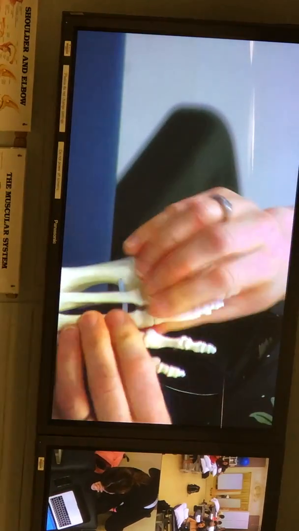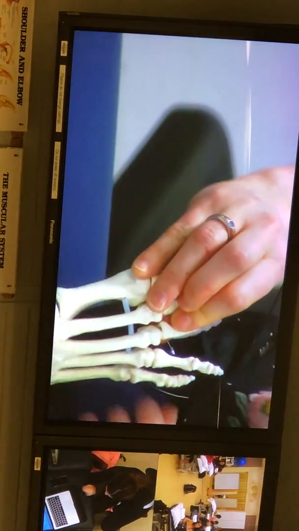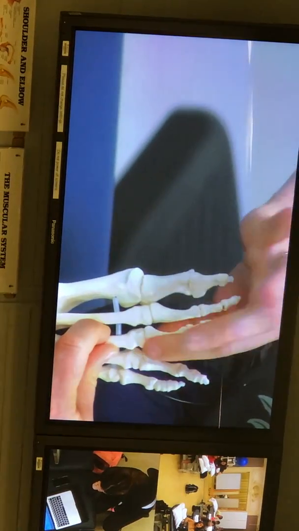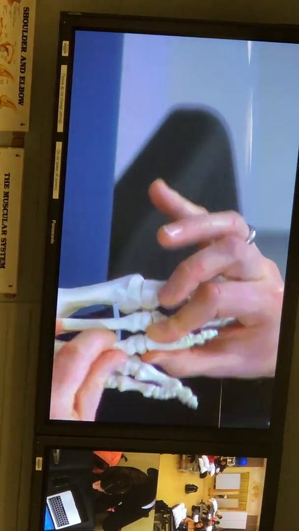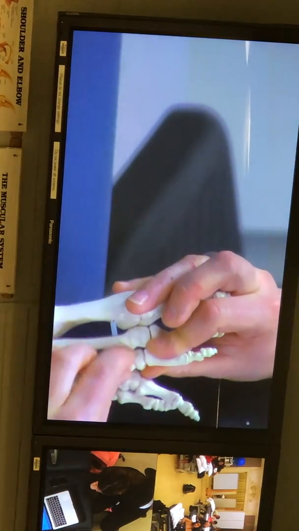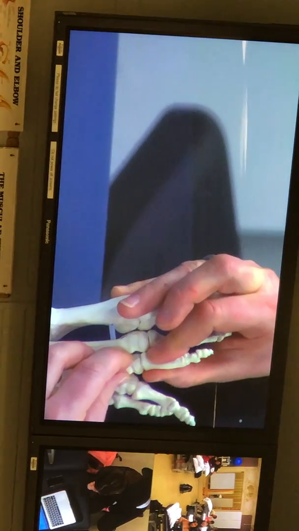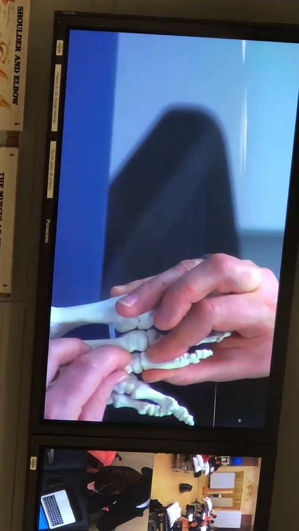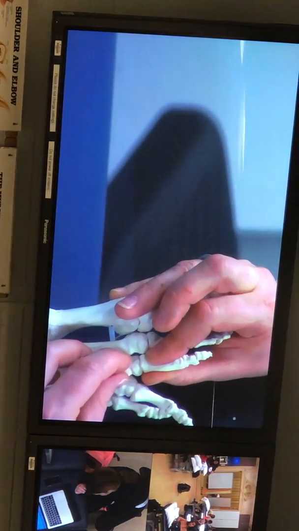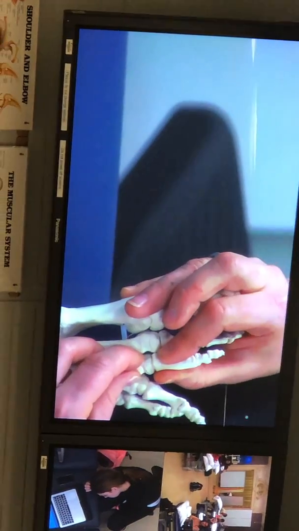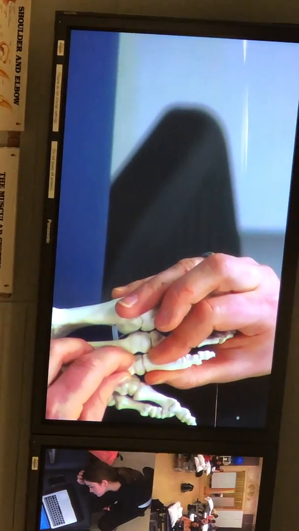Let's do another one, if I can, because this one is not moving very much. If I do the third toe with a medial and lateral glide, I make sure I'm very close to the joint line with both hands. The proximal bone, I'm stabilizing it; the distal bone, I'm going to move it.